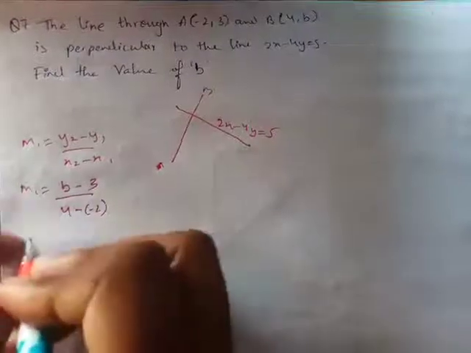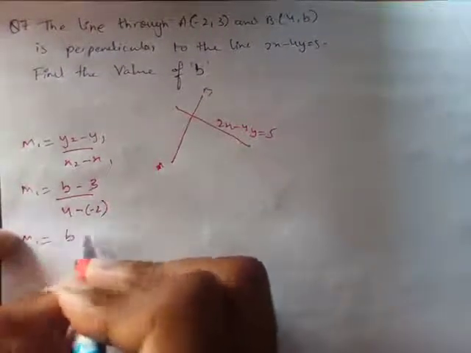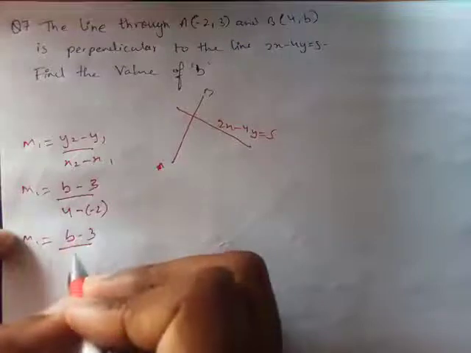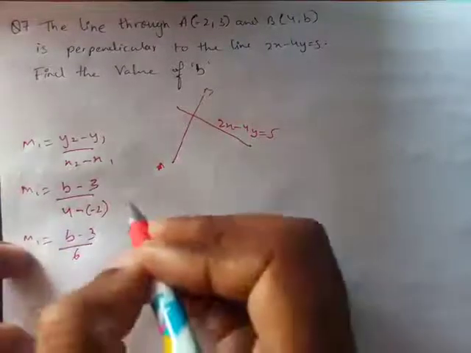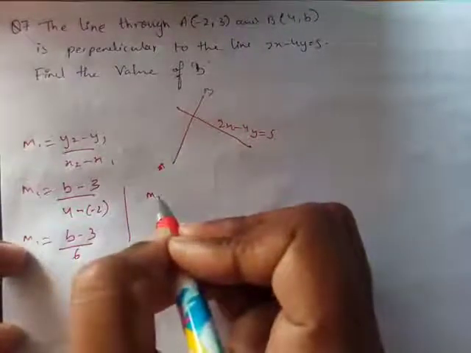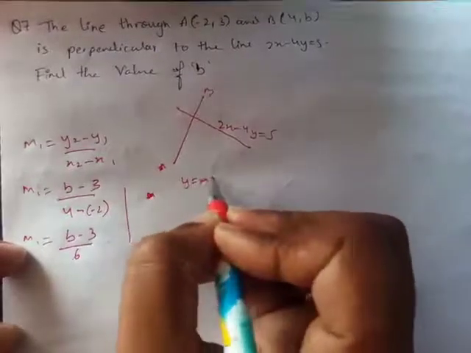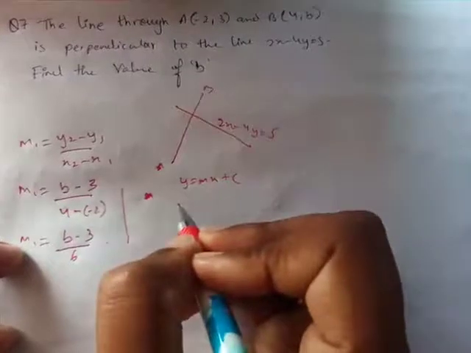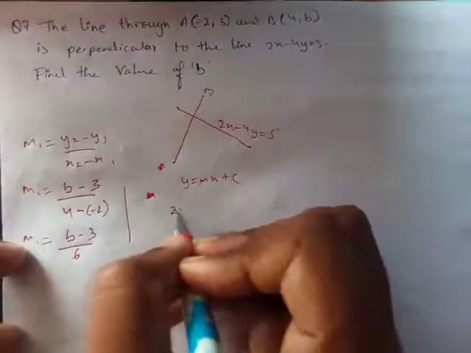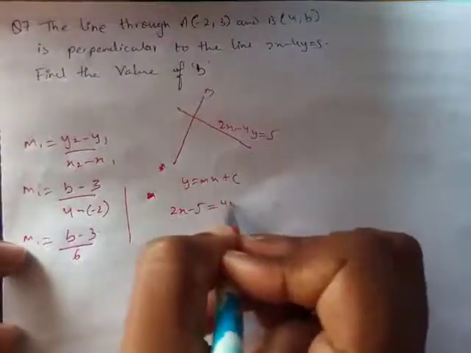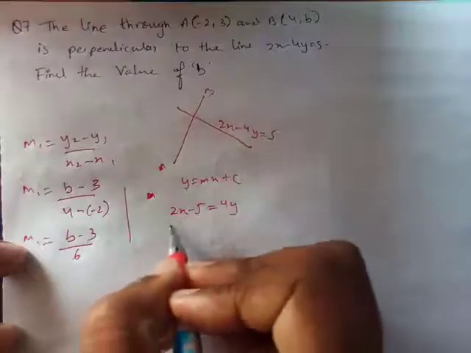So m1 is going to be B minus 3 over 6. You guys agree? And then I'm going to find m2. So finding m2, I'm going to keep this in the form of y equals mx plus c. So this is going to be 2x minus 5 equals 4y, and y is going to go on both the sides.